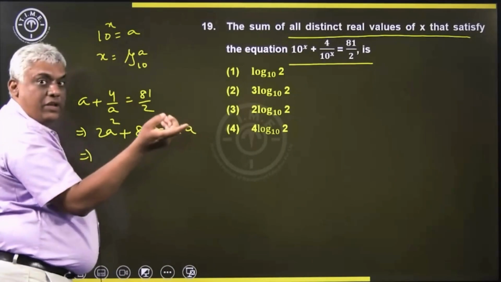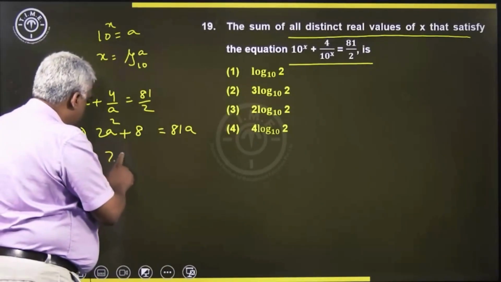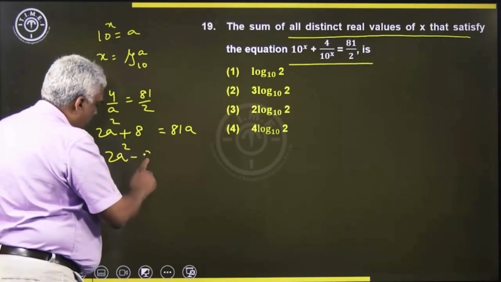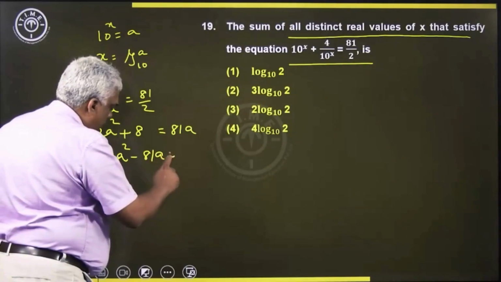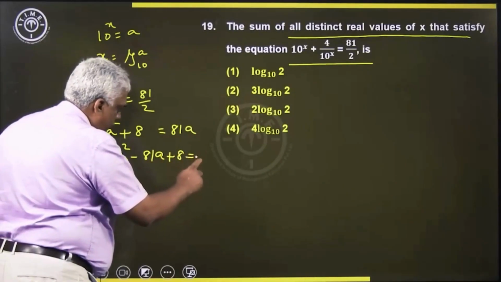Let us bring 81a to the left hand side. So, it's 2a square minus 81a plus 8 equal to 0.